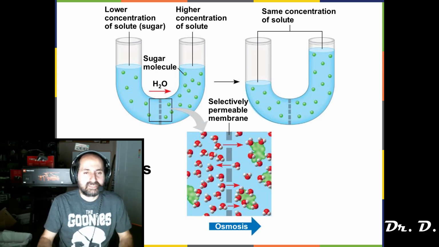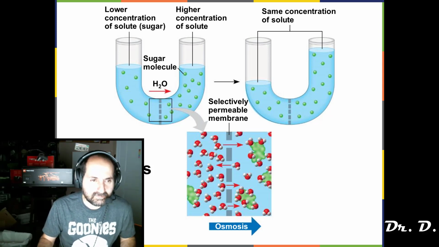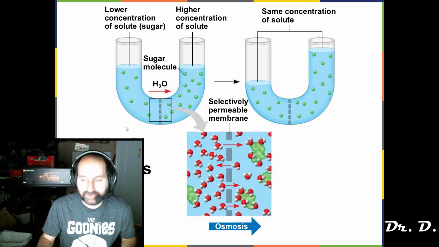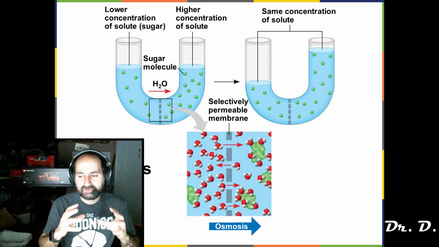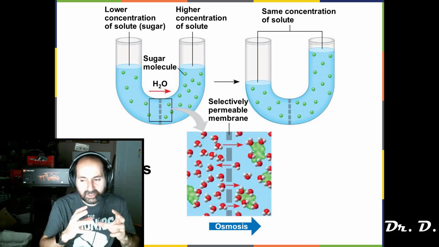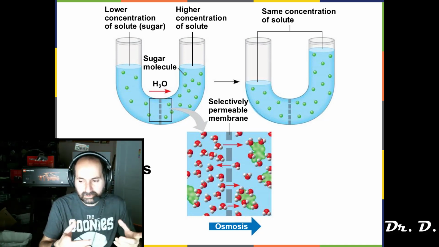What do you think? Think about that for a second. Which way would the sugar cross? Well, you have to ask yourself, okay, well, the sugar would cross through diffusion, and that would be passive transport. That would be happening for free. And remember what diffusion means? Substances move from high concentration to low, right?